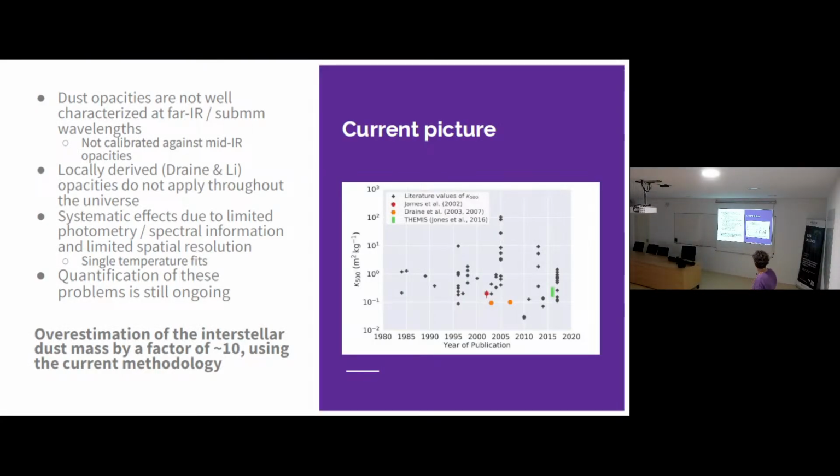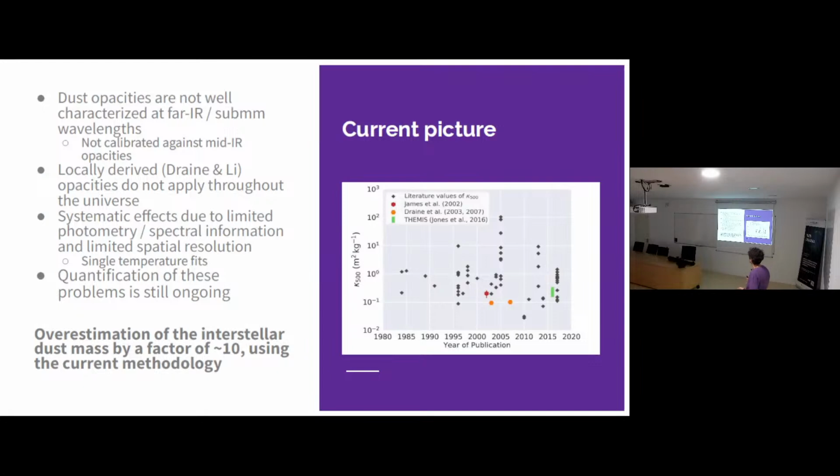So just to recall, this is the picture that we had. The dust opacities that people are typically using to fit are on the lower end of the available values in the literature. It's also good to bear in mind that dust opacities are not well characterized at far infrared and submillimeter wavelengths, and so far they've not been calibrated against mid-infrared opacities, and that's what we're doing right now. So we hope to fix this.